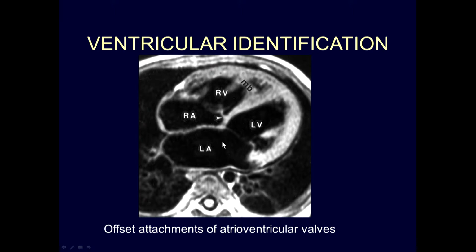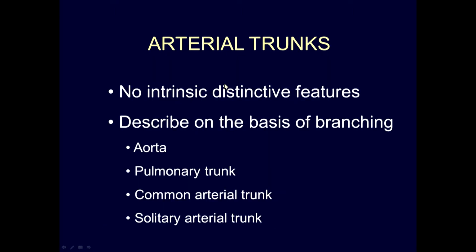And then the additional characteristic is the attachment of the AV valve. This is the tricuspid valve. This is the mitral valve hinge point. And there is an offset between the two valves. The more apically placed AV valve is usually the tricuspid valve. So this chamber is the morphologically right ventricle.